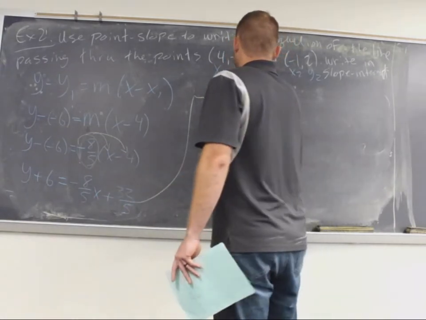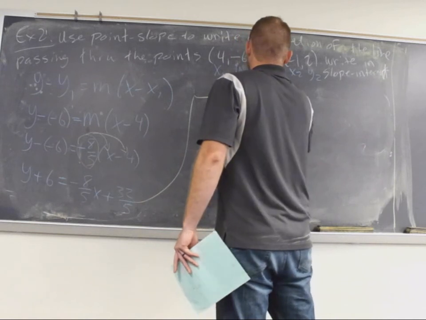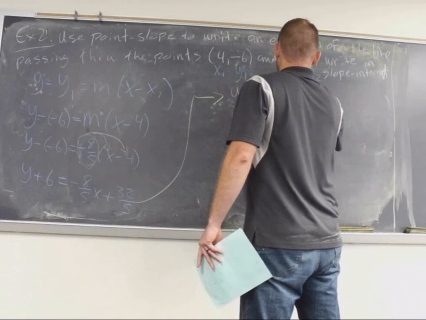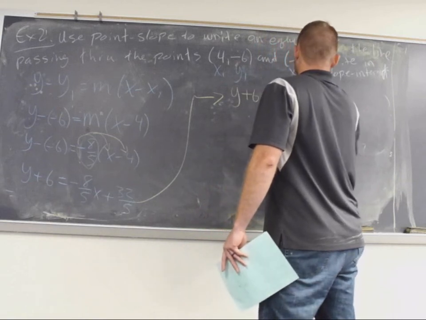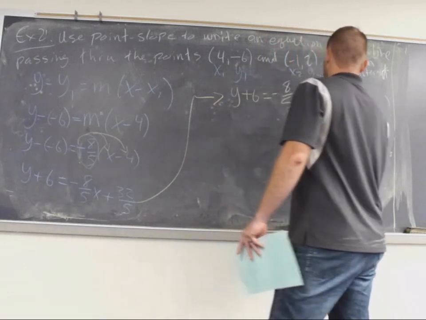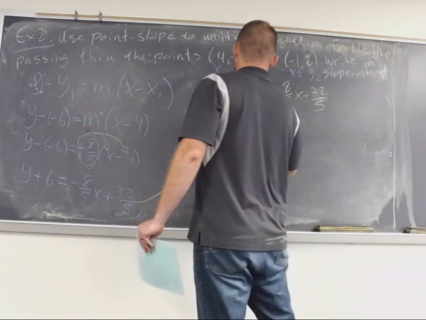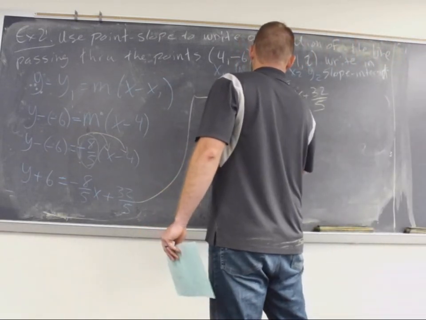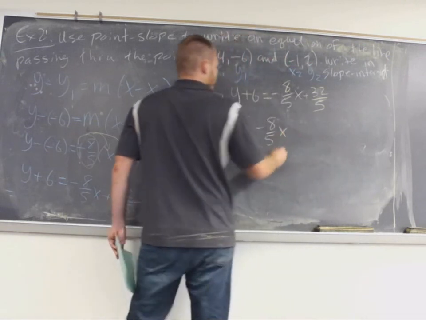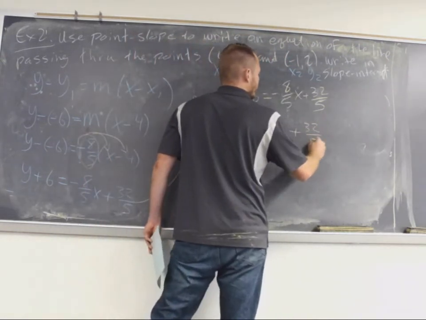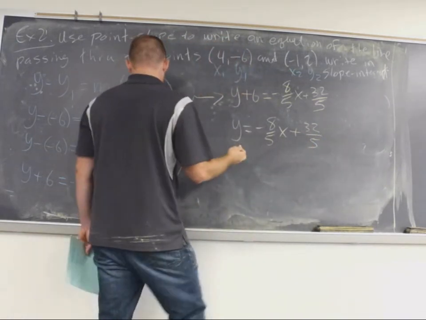So I'm going to rewrite it over here. All right, and then subtract 6 to both sides. Y is equal to negative 8/5 x plus 32/5, and then the minus 6.